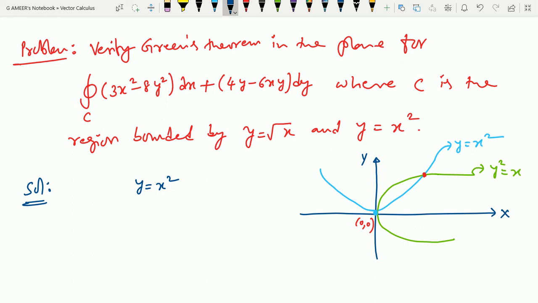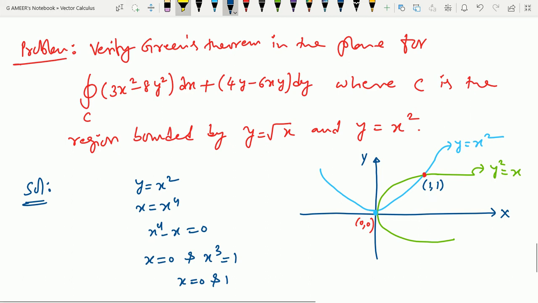So in y square, do the square, that is x power 4. That is x power 4 minus x is equal to 0. One root is x equal to 0 and x cube is equal to 1. Anyway, we require the real roots, that is 1. So x is equal to 0 and 1. So here is the point 1, 1.